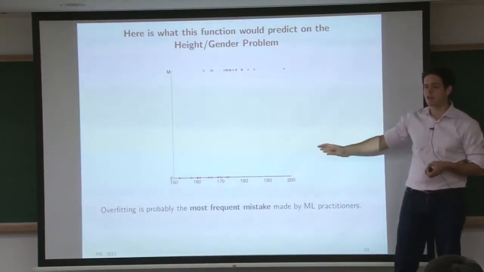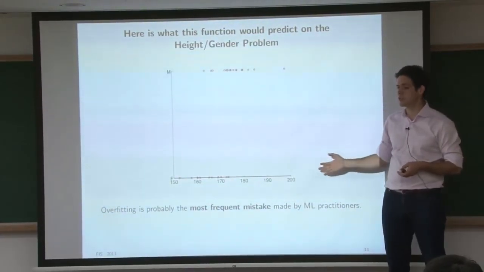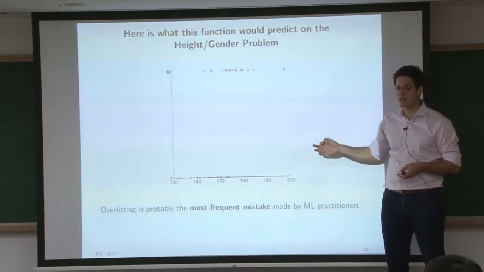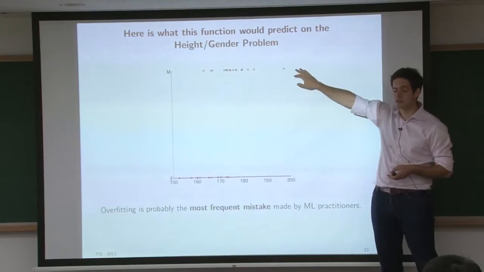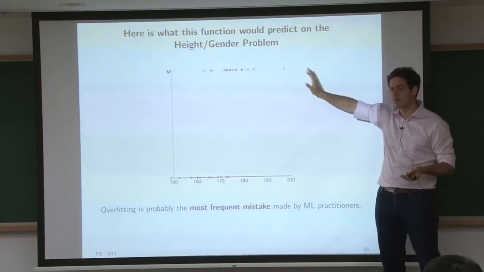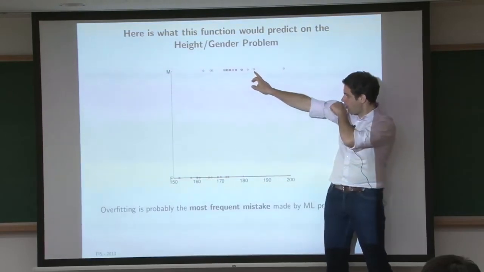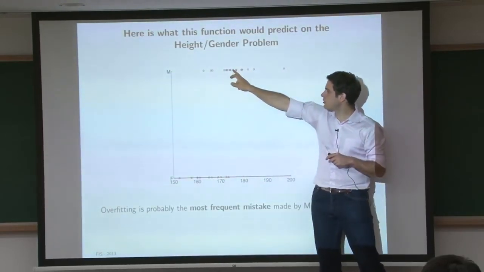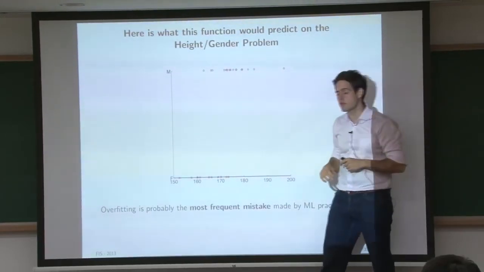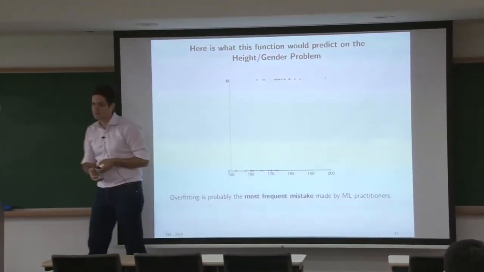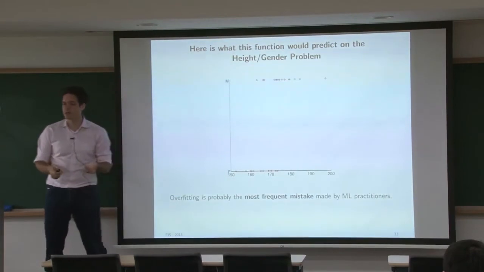So the empirical risk of this function is 0, but it will always make a mistake for someone who's a male, except if you fall into one of those numbers here which have been defined before. But that's very unlikely if the data is really very accurate and hasn't been rounded.